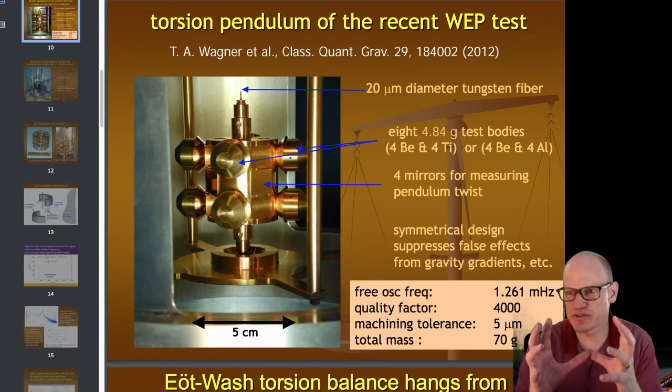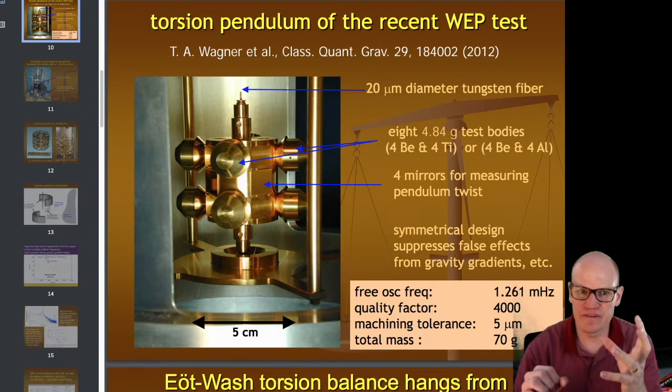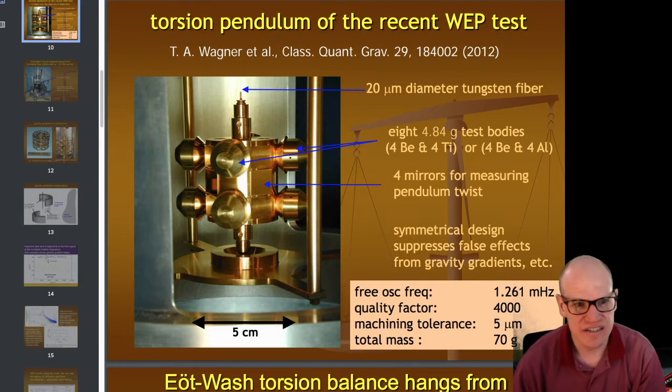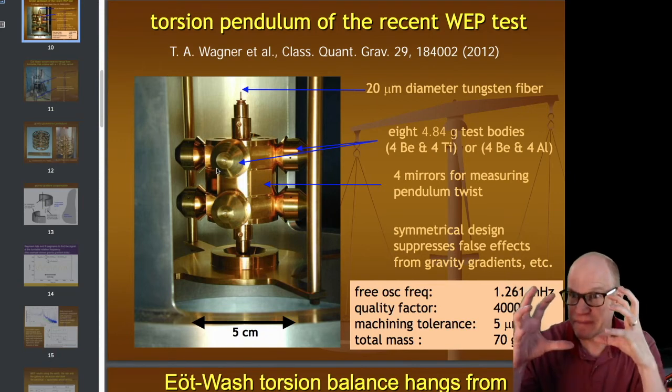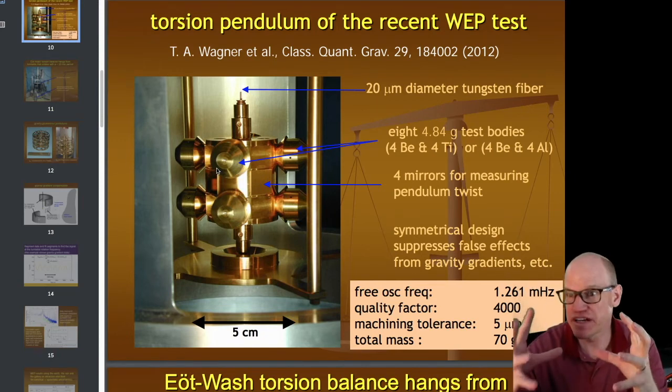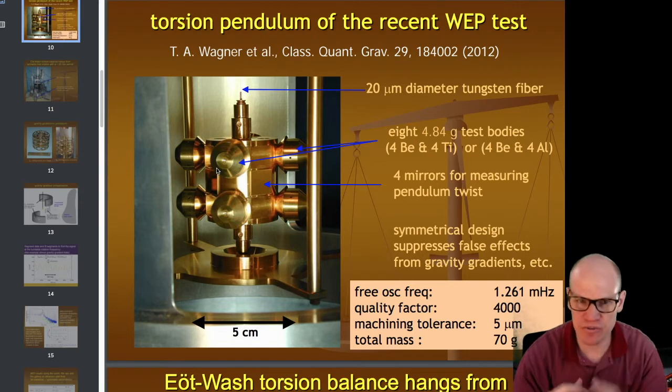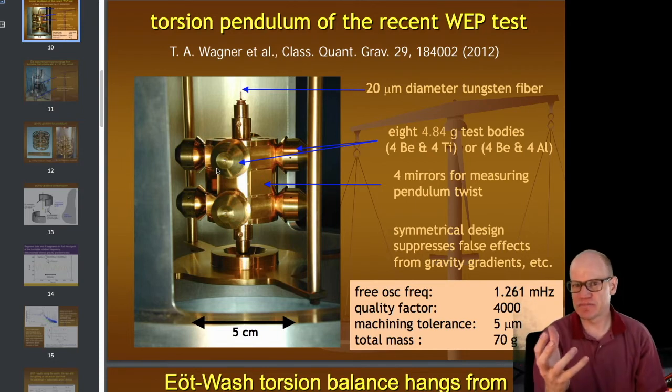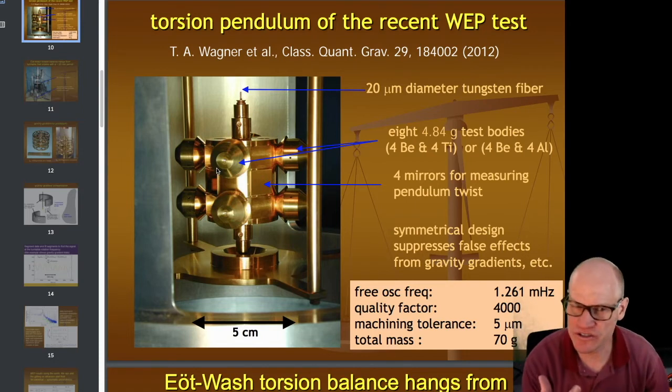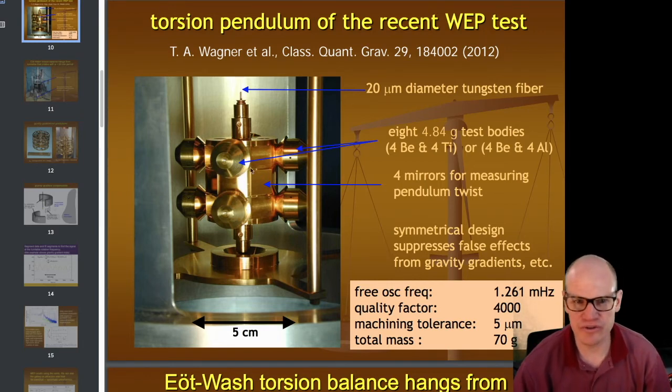In one case, the mass is made out of mostly equal numbers of protons and neutrons, and the other one is more neutron rich. So even though they're the same mass, one of them has more neutrons per kilogram than the other. So if you have some force that couples differently to protons and neutrons, it would show up in the fact that you have a different number of protons and neutrons in these different things.